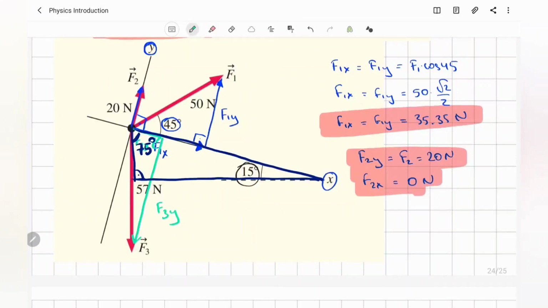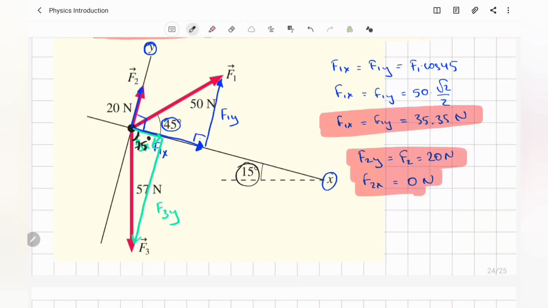So this angle is given for us. It's 75 degrees because 90 minus 15 is 75. So this angle is 75 degrees.